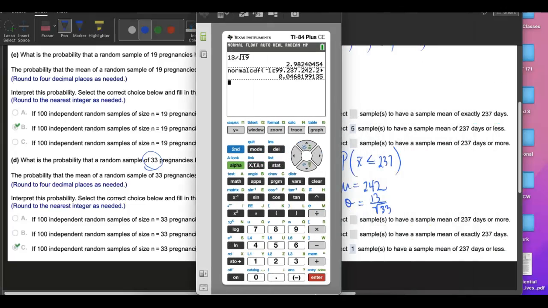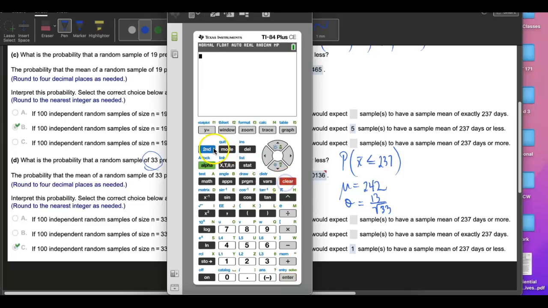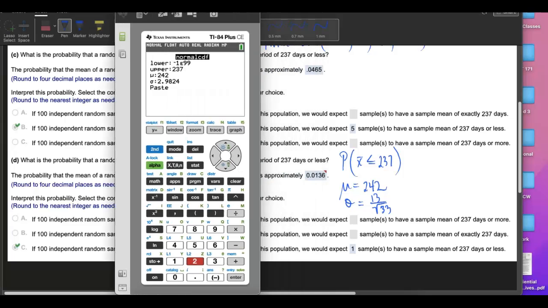So I'm going to come back over here to the calculator. Let's do another second vars number 2. We were looking at the or less type of notation. So the lower bound just keeps going and going. The lowest possible number the calculator will accept is this. The upper bound is 237. The mean is still 242.